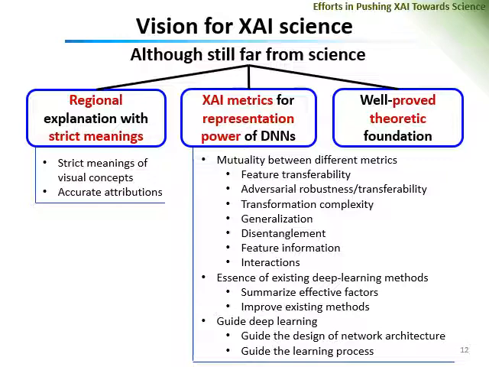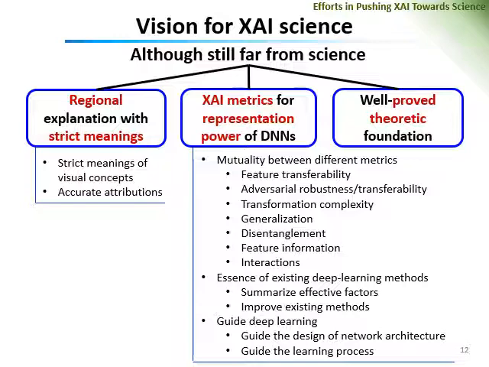We need to ensure the strictness of the visual concepts, and sometimes clarify the compositional visual concepts that are encoded in the intermediate layers of the neural network. So the first aspect is that we need to ensure the strictness of the concepts that are used to explain the neural network.